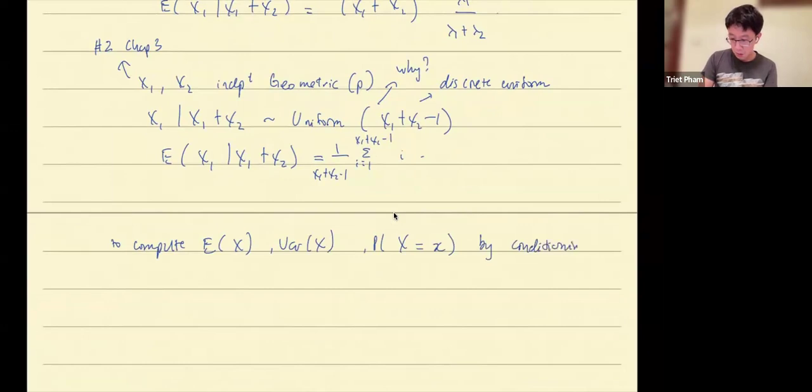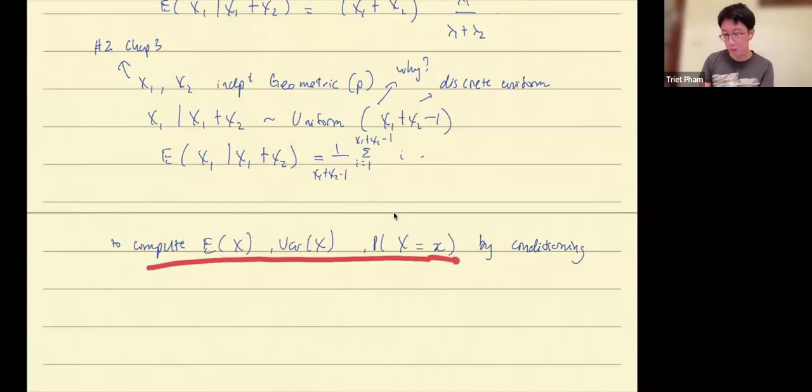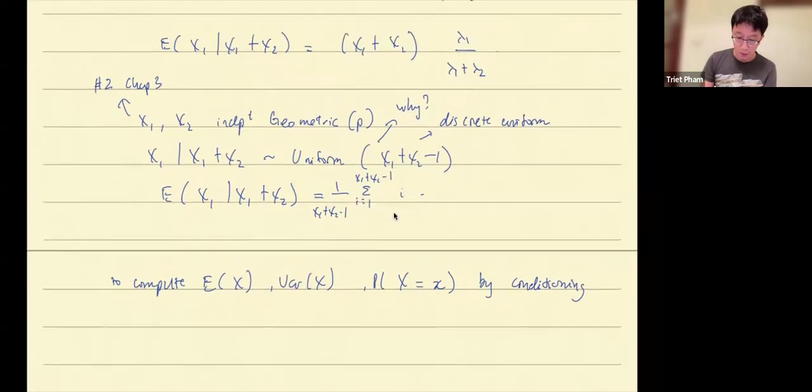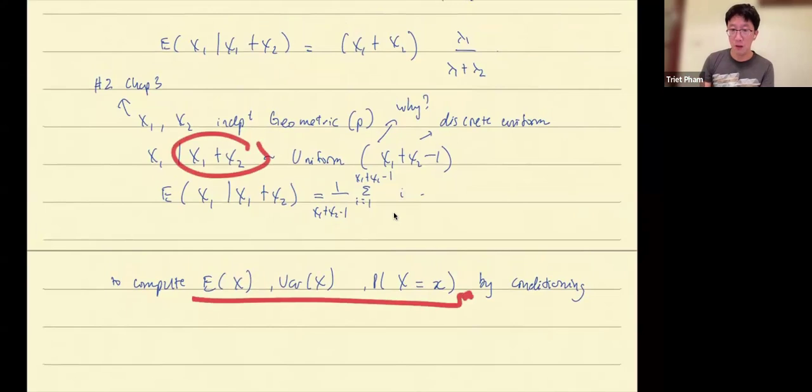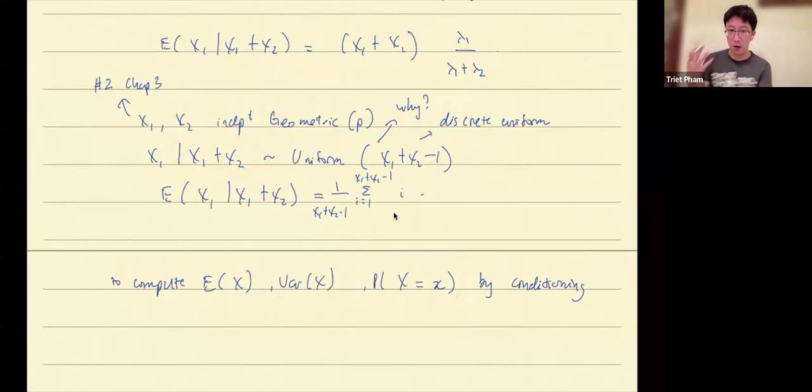So in other words, the last step, which is going to be one of the most popular kinds of problems in this chapter, is to compute expectation and variance and possibly probability by conditioning. And it's hard because here they don't give you the random variable to condition on. You have to figure out the right random variable to condition on.